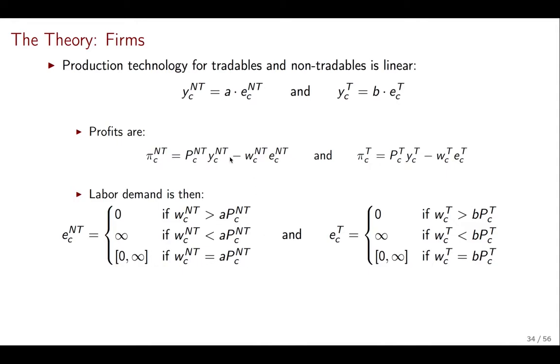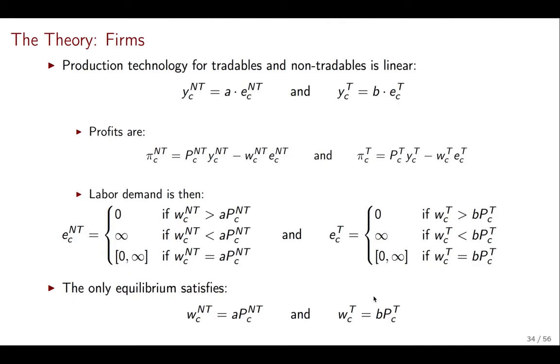Then firms make zero profits and they are indifferent between any level of demand. And so we can conclude that the only equilibrium satisfies that the wage of the non-tradable sector has to be equal to A times the price in the non-tradable. This is going to be the nominal productivity. And the same thing has to happen in the tradable sector.